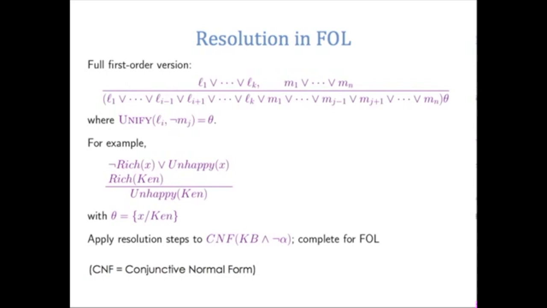When we look at resolution in first-order logic as opposed to just propositional logic, basically we have a set of clauses L1 or L2 through LK, and M1 or M2 through Mn, and from that, generalized modus ponens says that we can infer L1 or Li-1, etc., all the way through with substitution theta, where basically we unify L1 with not Mj as substitution theta.